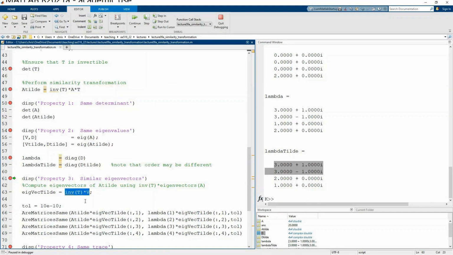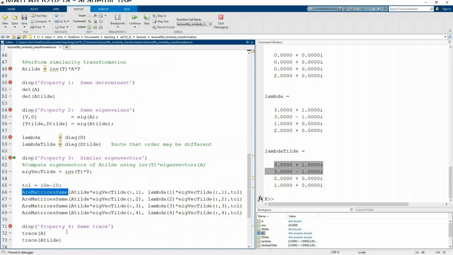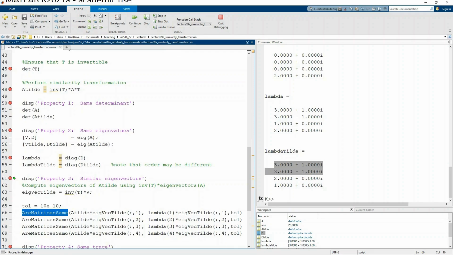Now, I wrote myself a small function called R matrices same. So don't try to search for this function in the MATLAB help. It's my own custom function, but I'm just checking to see if two matrices are the same within some tolerance. In this case, it's 10 to the minus 10, so it's a very small value.